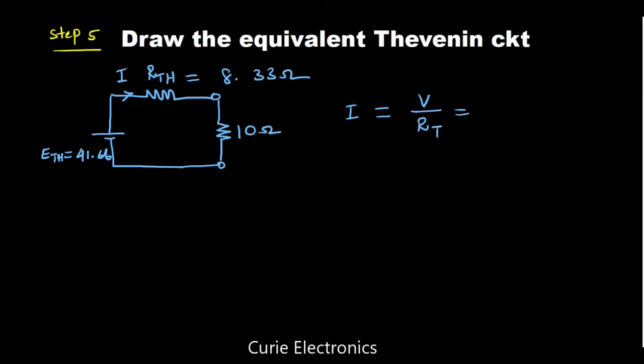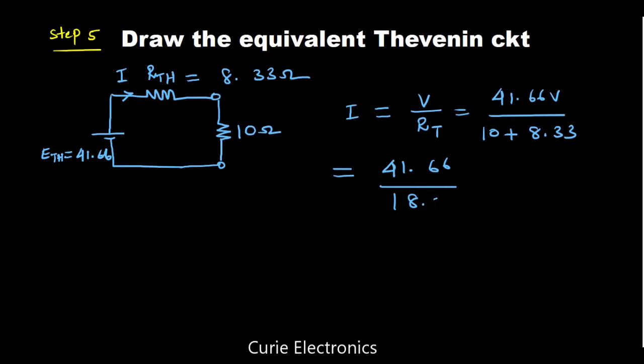It's a series resistance, so 41.66 volt divided by the sum of these two resistors, that is 10 plus 8.33 ohm, which equals 41.66 upon 18.33. Let me solve with a calculator. It comes to 2.27 amps.